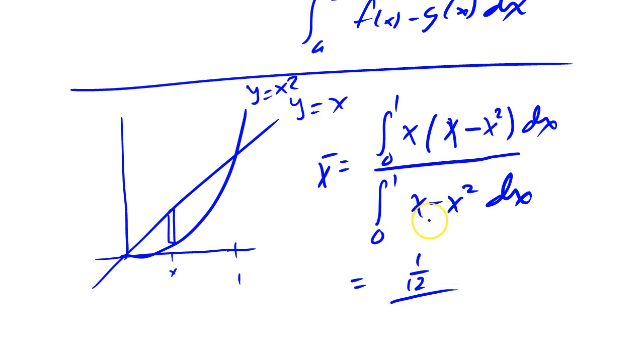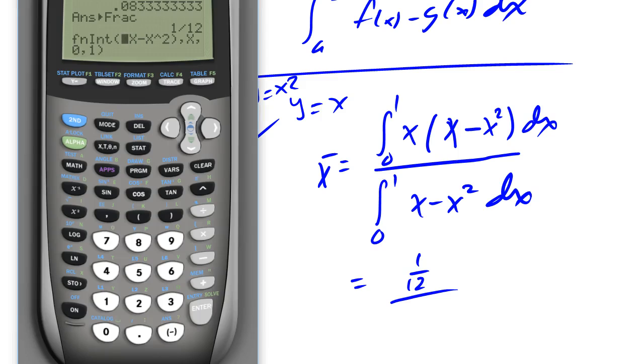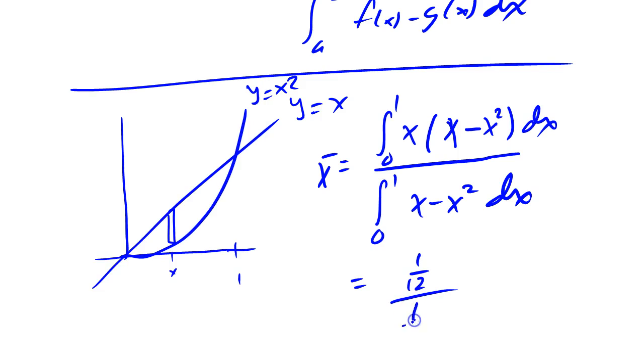Divided by the denominator. So this is now the integral of x minus x squared dx from 0 to 1. And it gives me that, which I believe is 1/6. Let's try this. Yes, 1/6. For a grand total of 1/12 times 6 over 1, which would be 1/2.